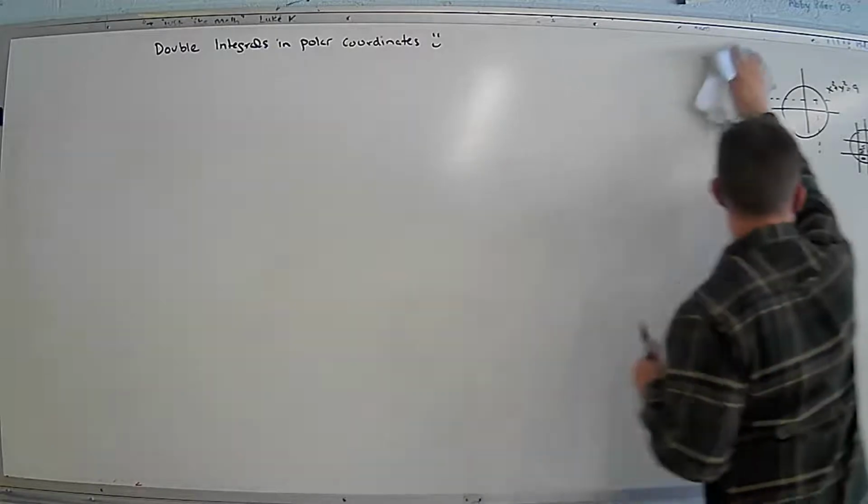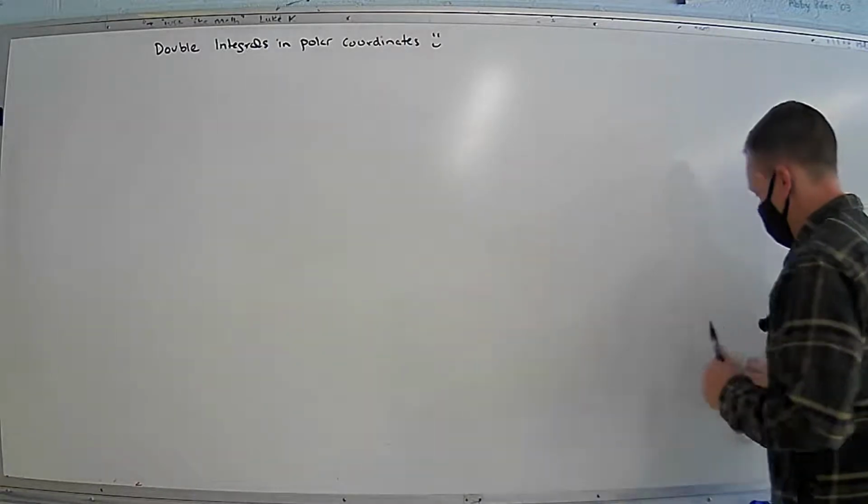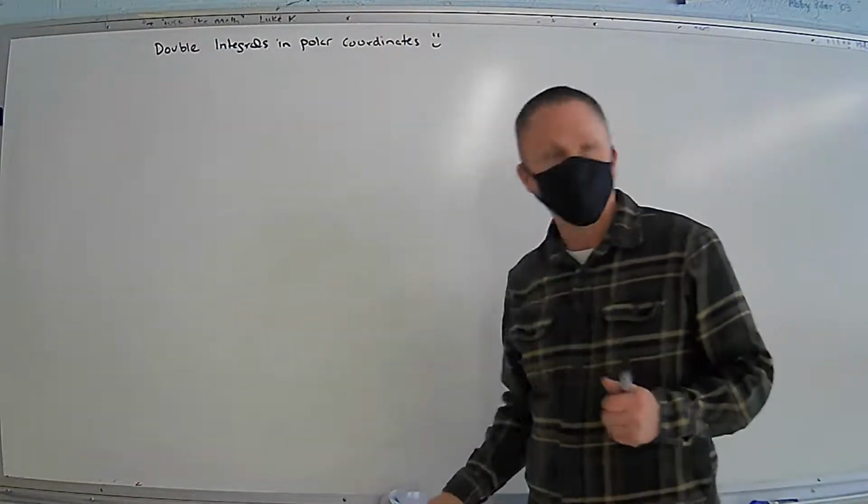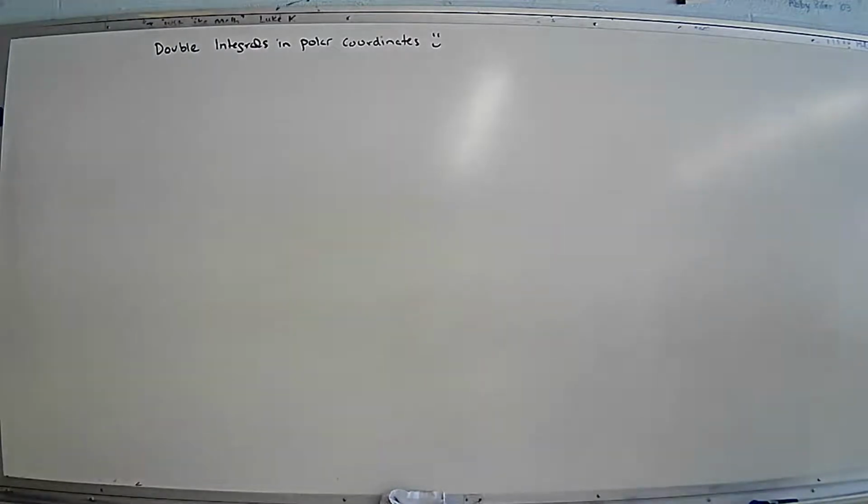So the first question really is, why would you want to convert a double integral to polar coordinates? Because it makes it much simpler to compute. That first example that we just did in Cartesian would have sucked, but in polar, it's easy. I can integrate r squared, right?